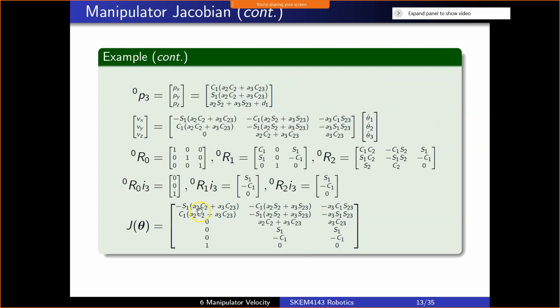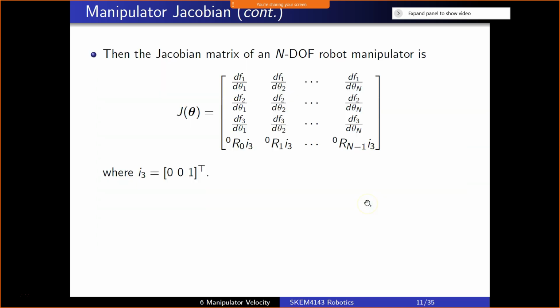And in order to compute the Jacobian matrix, this is del F1 del theta 1, this is del F1 del theta 2, this is del F1 del theta 3. So where do I get that? From this, if you remember, right? And for the second row you have to use F2, and similarly for the third row you have to use F3, to take the derivative over theta 1, theta 2, up to theta n.